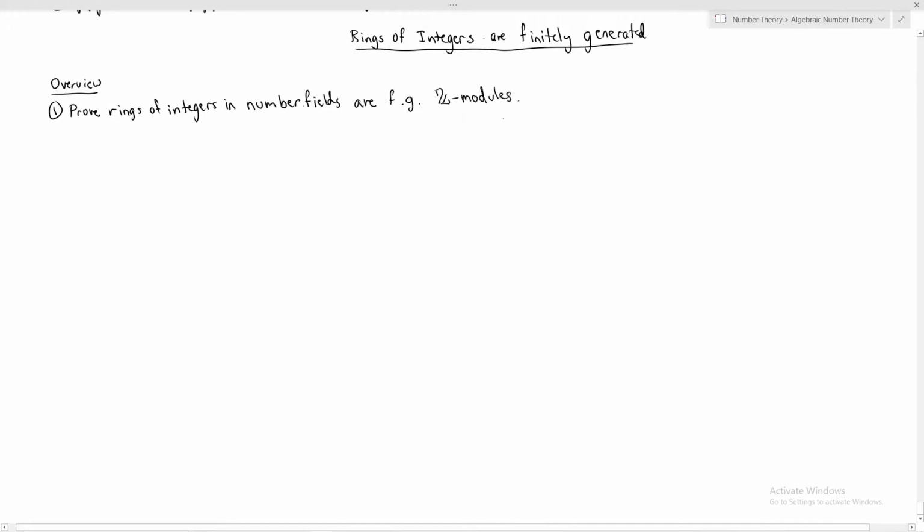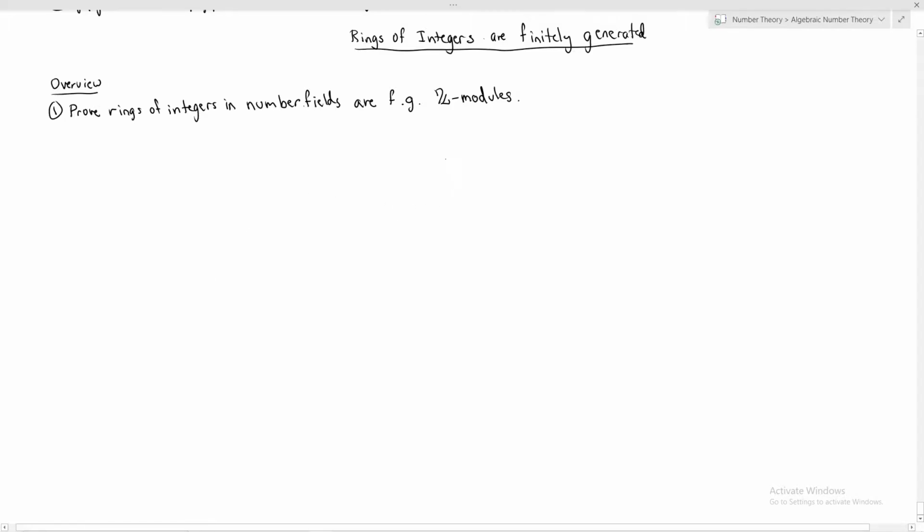I guess we're going to prove something slightly stronger, where if the field has degree m over Q, then... oh, sorry, I guess we're going to prove something even stronger, which is that not only are they finitely generated, they're actually free Z-modules.